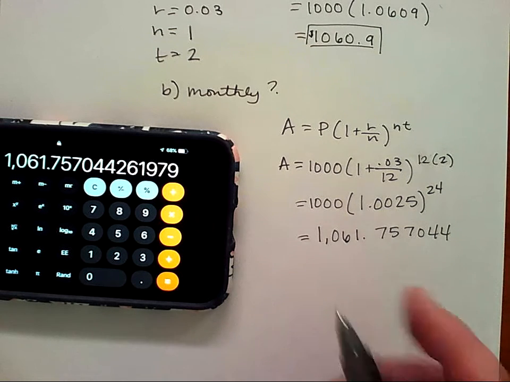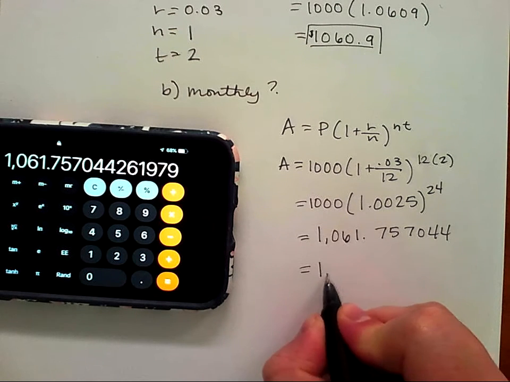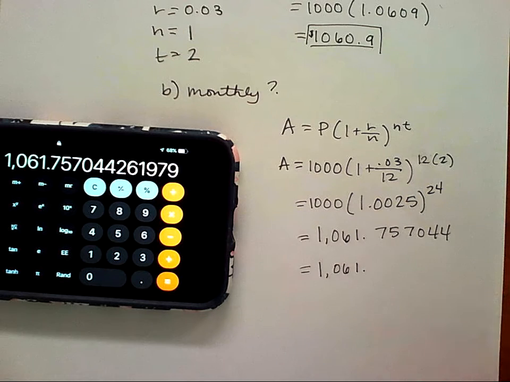So what are we talking about here? What are my units? Dollars. Which means you only need to round it to cents. Do you want to round it to 76 cents? Does it matter? Well, I know what I want to round it to if I'm the customer. I know what the bank wants to round it to. The bank wants to round it down. Me as the customer wants to round it up, right?